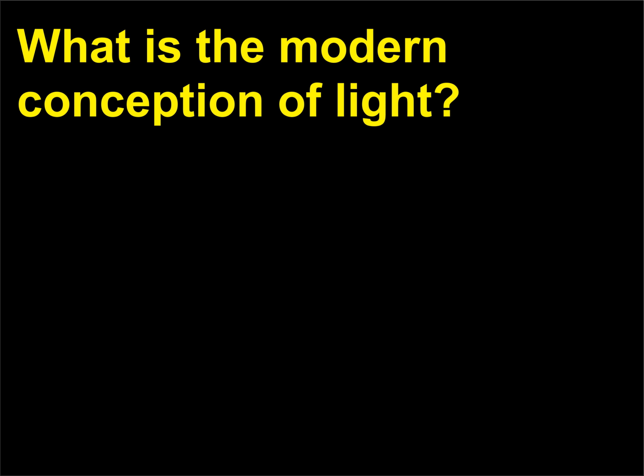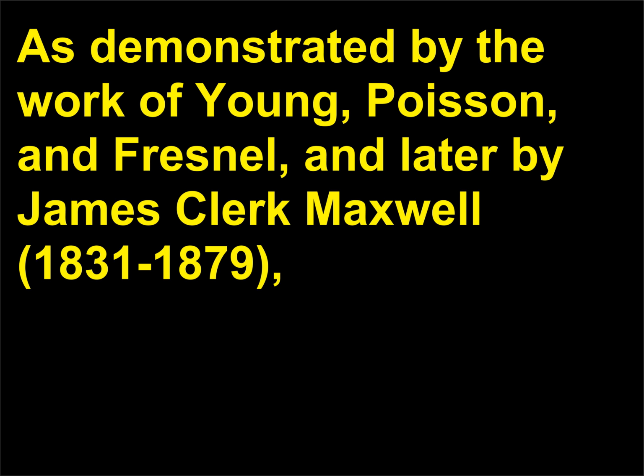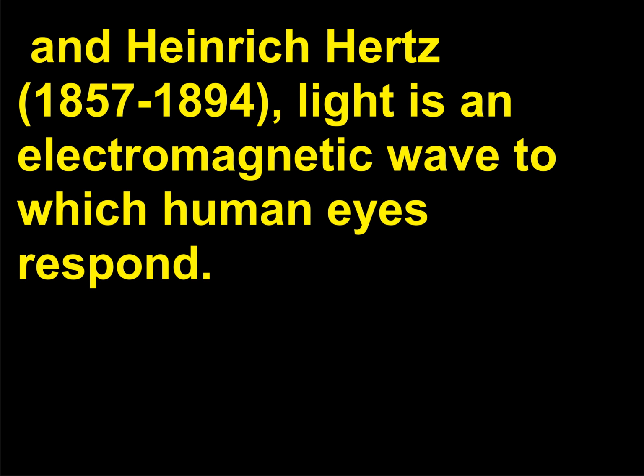What is the modern conception of light? As demonstrated by the work of Young, Poisson, and Fresnel, and later by James Clerk Maxwell, 1831 to 1879, and Heinrich Hertz, 1857 to 1894, light is an electromagnetic wave to which human eyes respond.